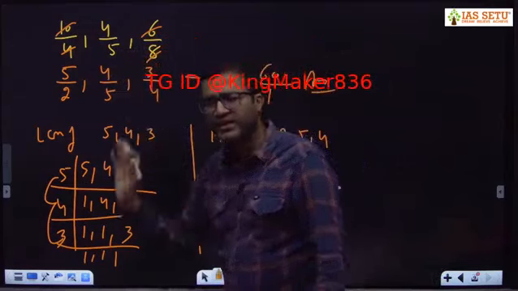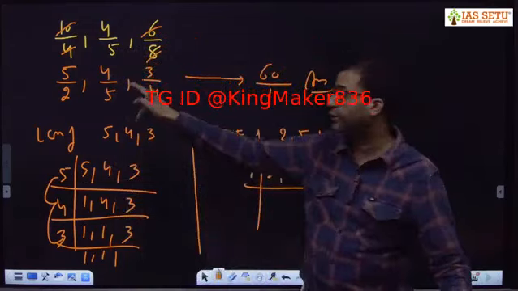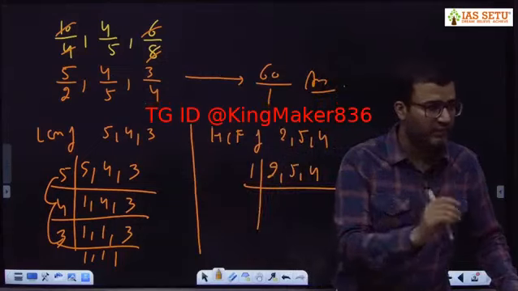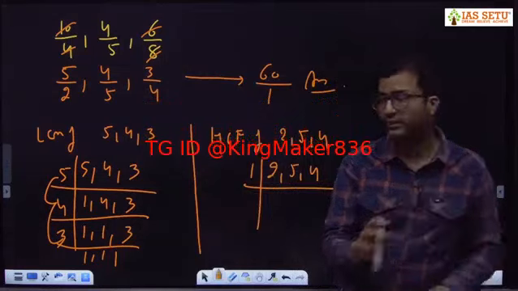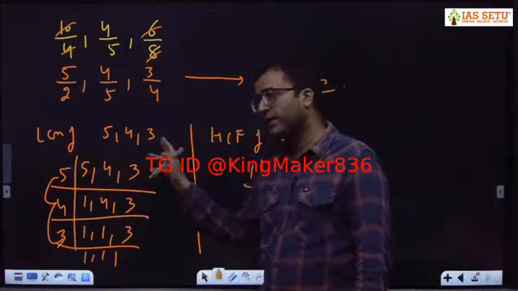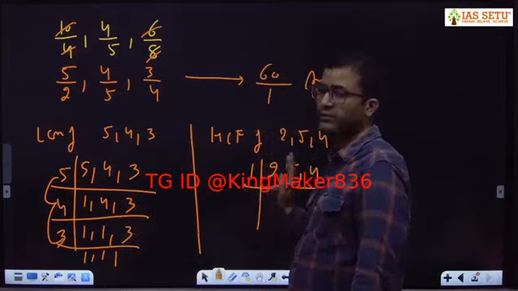So I repeat, it is very easy, but don't forget to simplify. Step number 1, we will simplify this fraction. Then step number 2, we will find the LCM of the numerator and the HCF of the denominator.